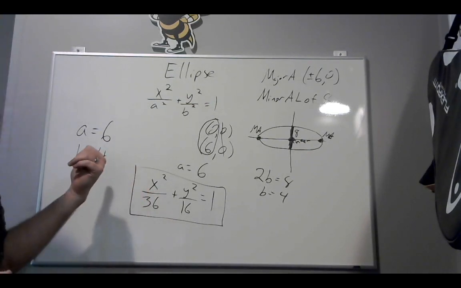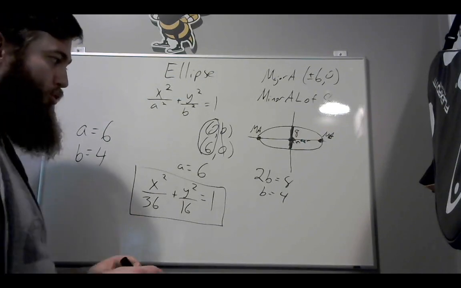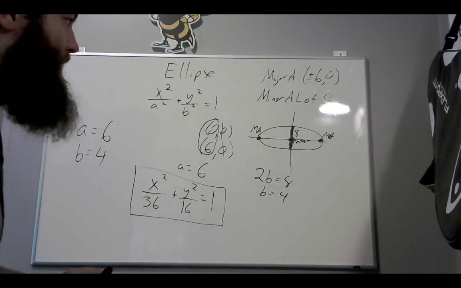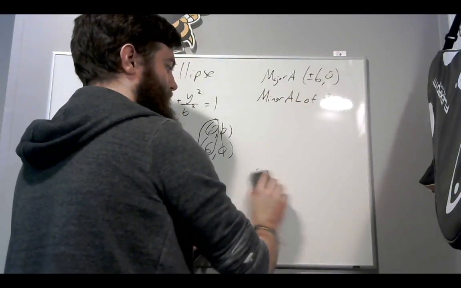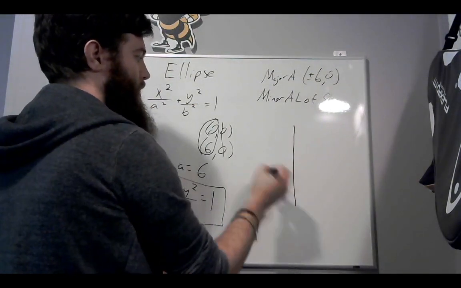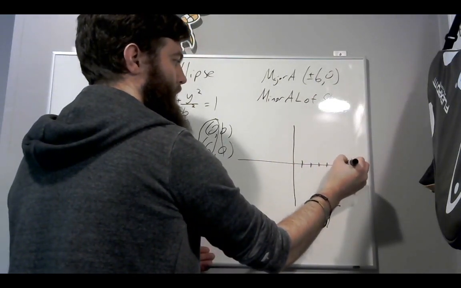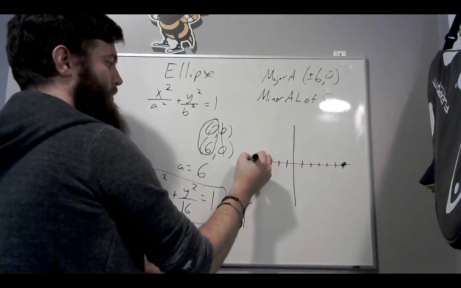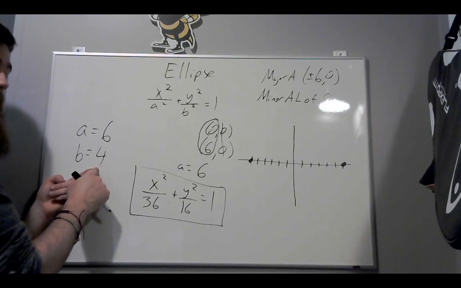We can use the fact that we now know what b is and what a is to make this drawing a little bit better. I'm going to do that just for your sake so you can see. So here is one of my major axis points. Here's another one. We know that b is going to be a distance of 4.